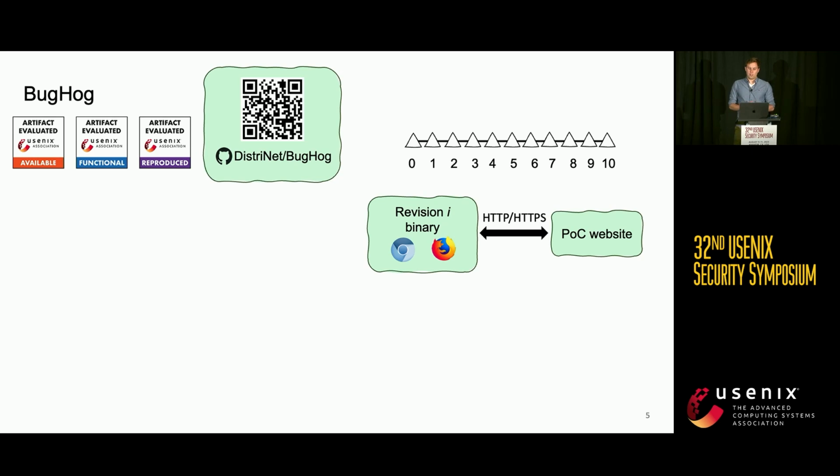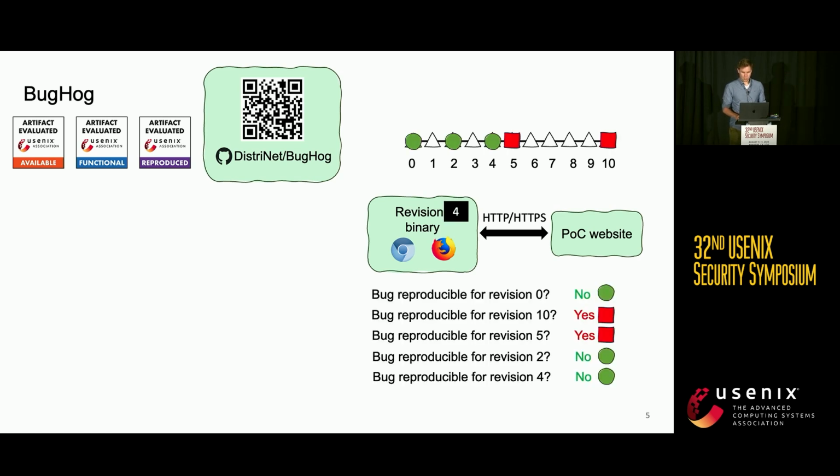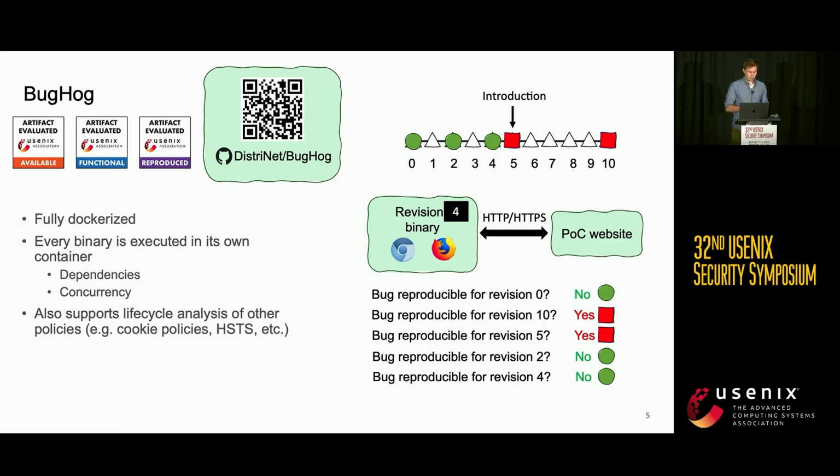And by that, it can infer whether the bug is reproducible or not. In this case, we also use binary search. And eventually, in this example, revision 5 was the introducing revision. Okay, so there's a lot more details to it, but I won't have time for that. So just a few bullet points.